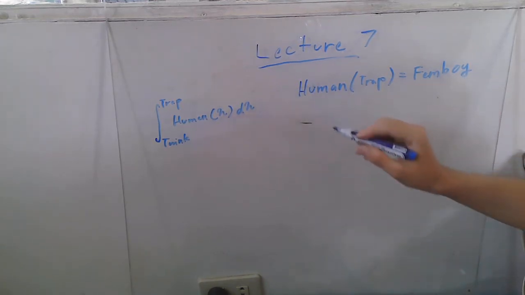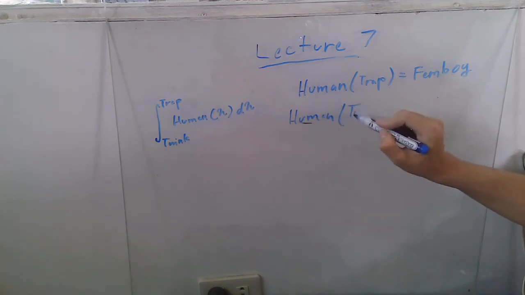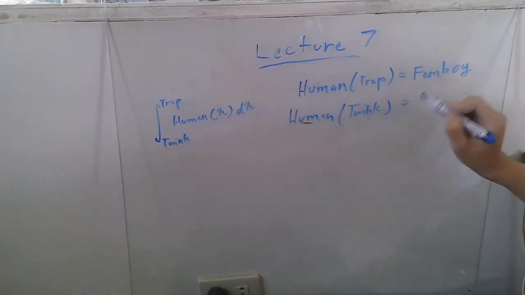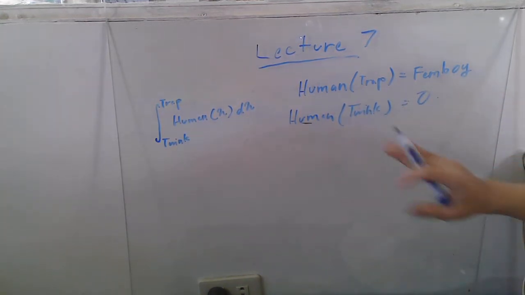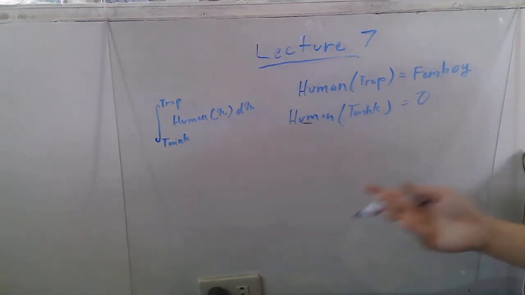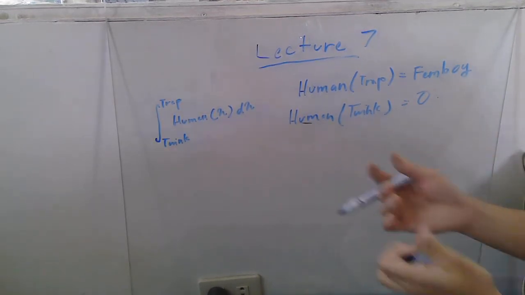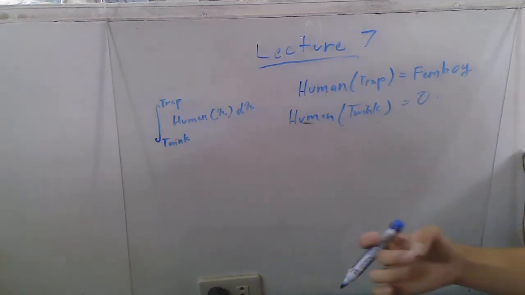Fact number 2 is that human of twink is 0. It vanishes to 0 because if we try to humanize a twink, we can't, because a twink is already a type of human. It's already real. These guys are real and they are in real life.